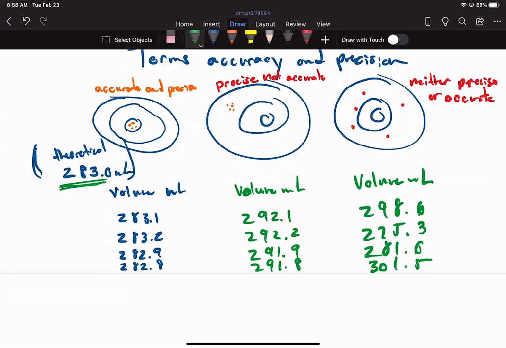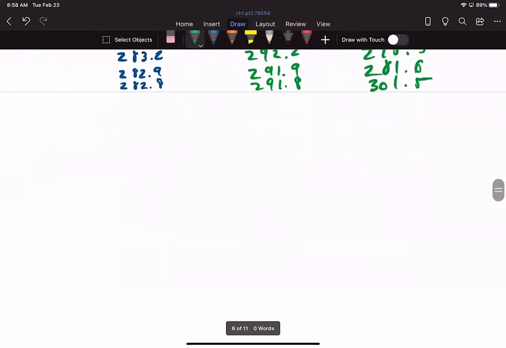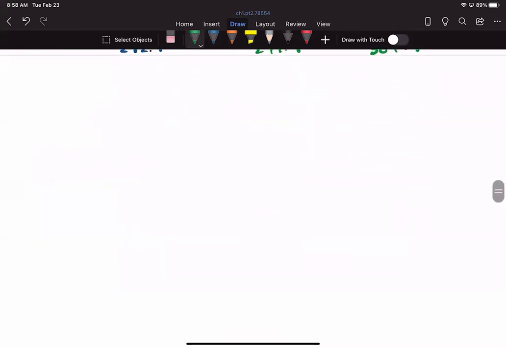So we can see from just a list of measurements whether we're accurate and precise, or maybe precise but not accurate, or we're just not even in the same ballpark as accurate or precise. So those are just some terms to go over.